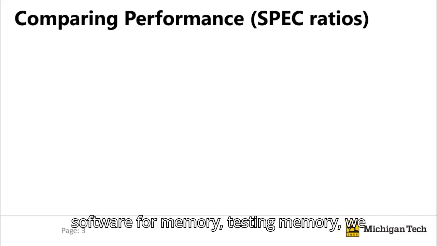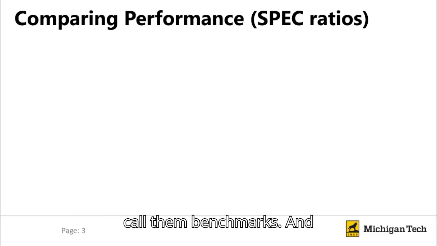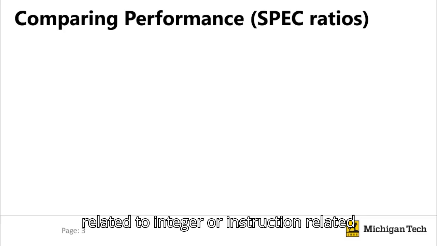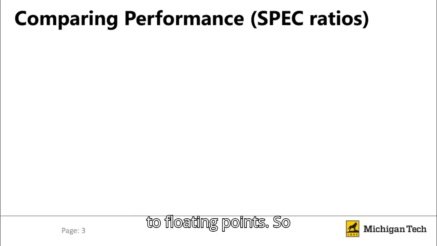Some software is for testing memory, we call them benchmarks. And these benchmarks are centered on testing some specific part of CPUs. Some part for example, ALU, some part of ALU just instructions related to integers or instructions related to floating points.